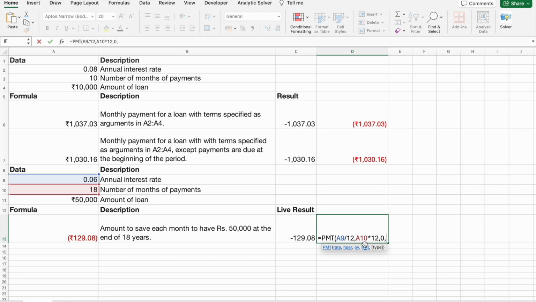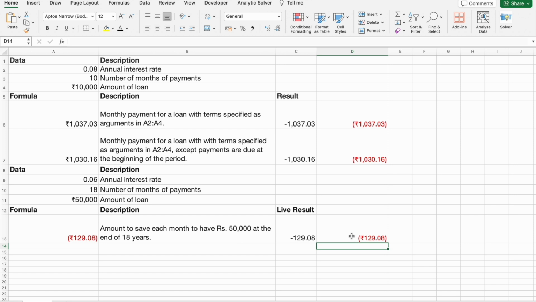Okay. Then future value should be 50,000, right? Okay, I'm not going to select the type or anything like that. So I have to save 129 rupees each month to have 50,000 at the end of 18 years.